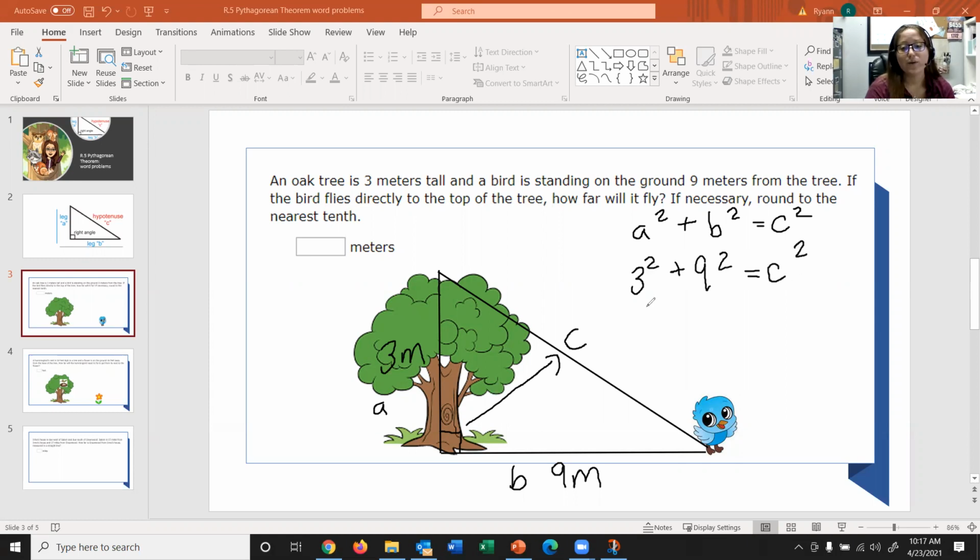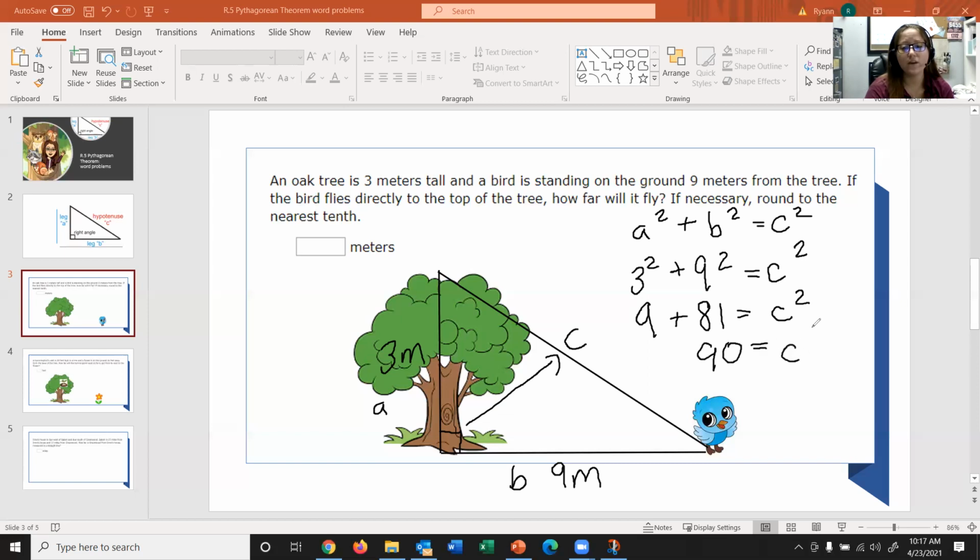So 3 squared, or 3 times 3, is going to give us 9. 9 squared, or 9 times 9, is going to give us 81. And all of this is equal to c squared. Now we can do 9 plus 81, which is going to give us 90. And this is equal to c squared.